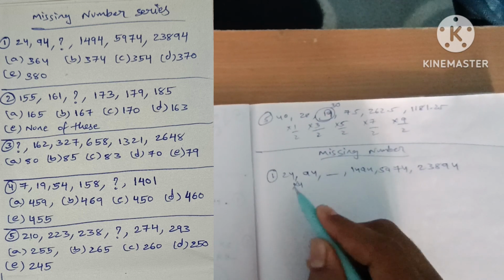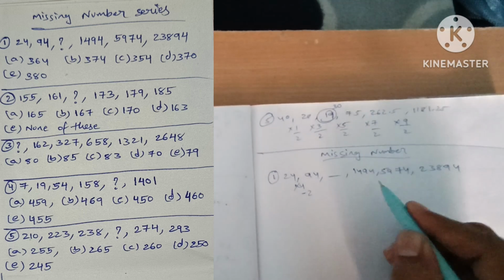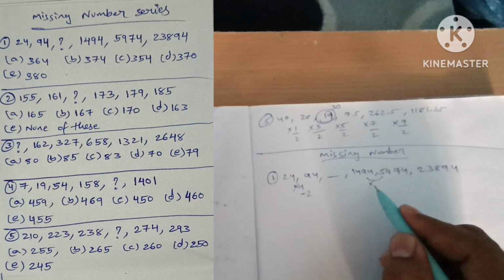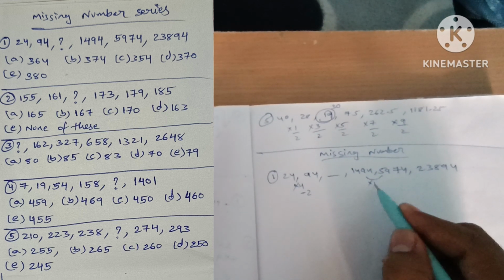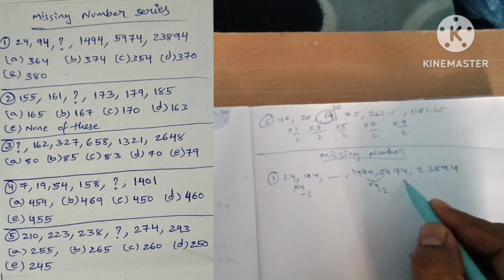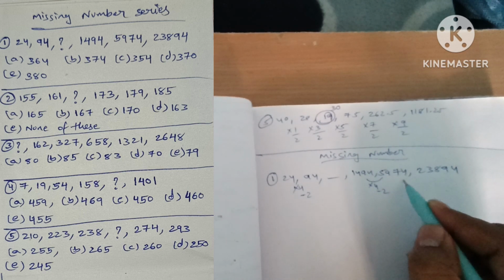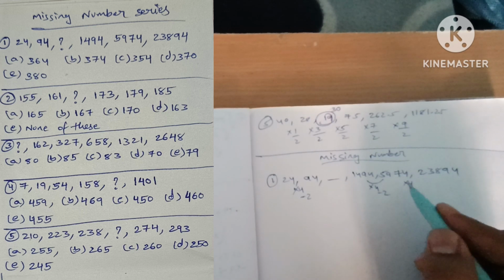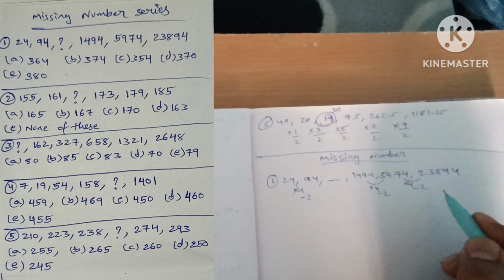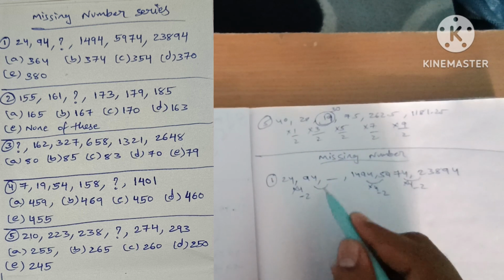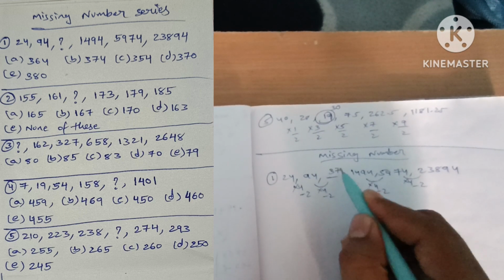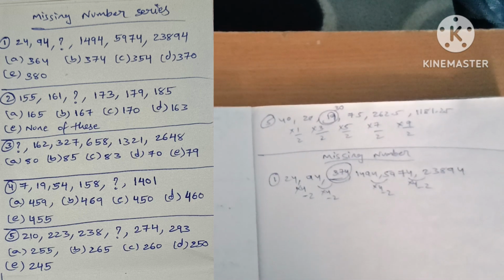This is times 4 minus 2, times 4, minus 2, times 4, minus 2. So this must be times 4 minus 2. So our answer is 374. 374 is our missing number.